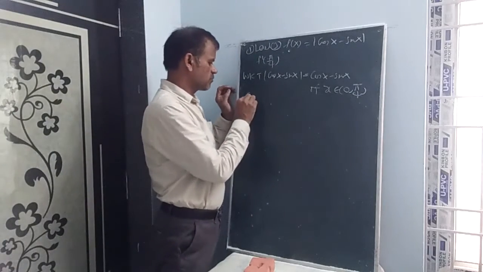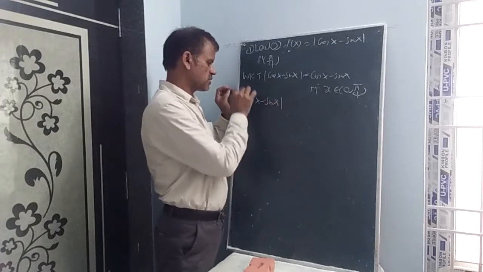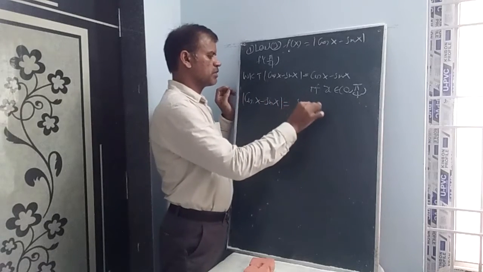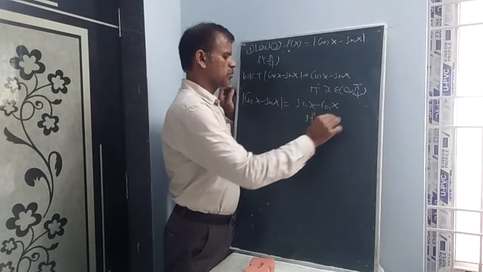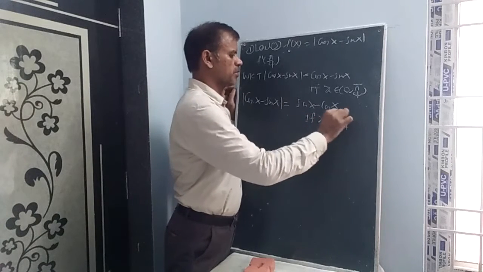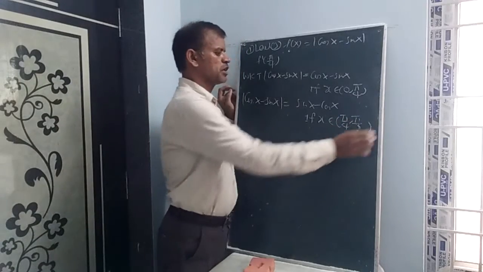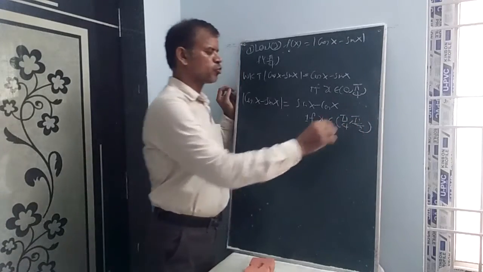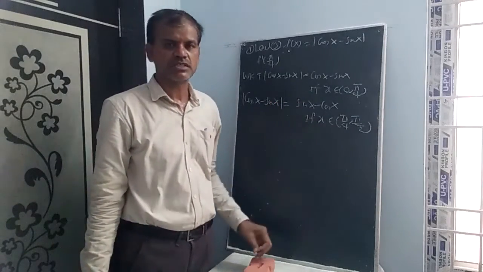In the same way, modulus of cos x minus sin x is equal to sin x minus cos x if x belongs to pi by 4 comma pi by 2. Substitute any value between pi by 4 and pi by 2, take pi by 3. In the same way, sin 60 degrees minus cos 60 degrees.